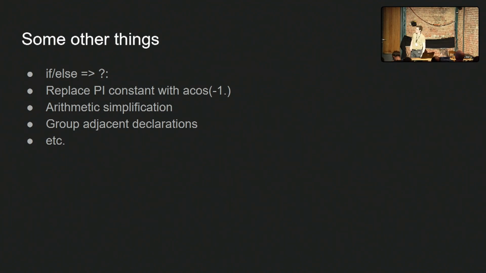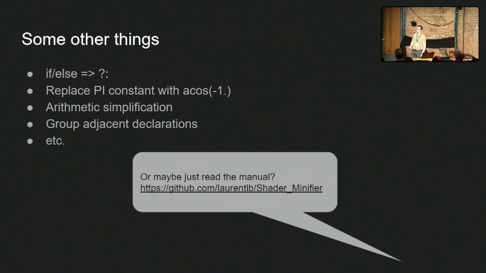Group adjacent declarations, and other things. Just look at the manual. And so lots of things have been updated in the last few months. So if you checked out the Shader Minifier 1 year ago, you might notice lots of new things, including the manual, which is much more complete than before.